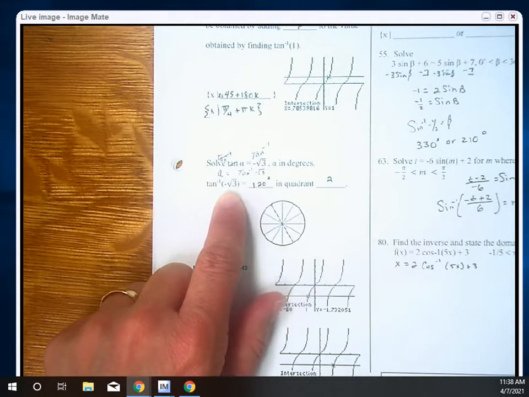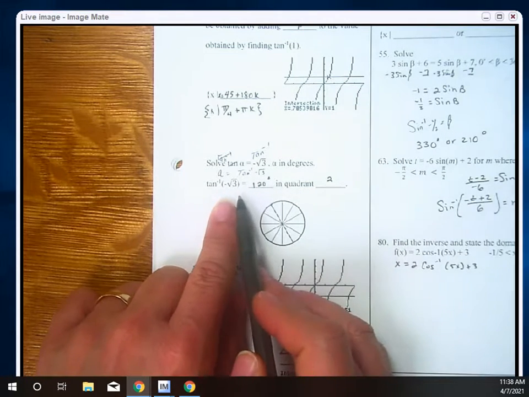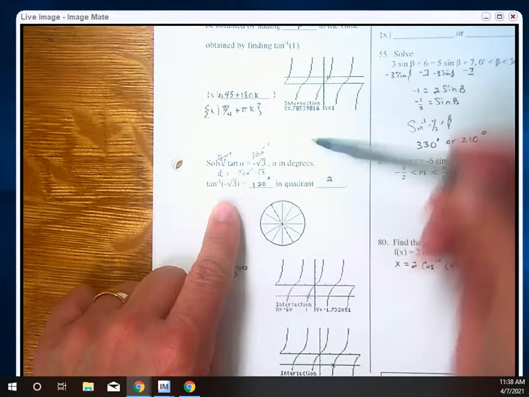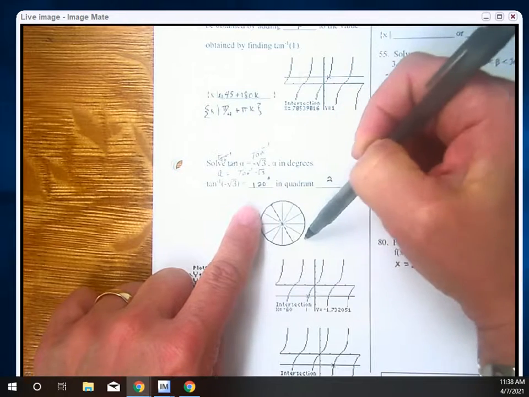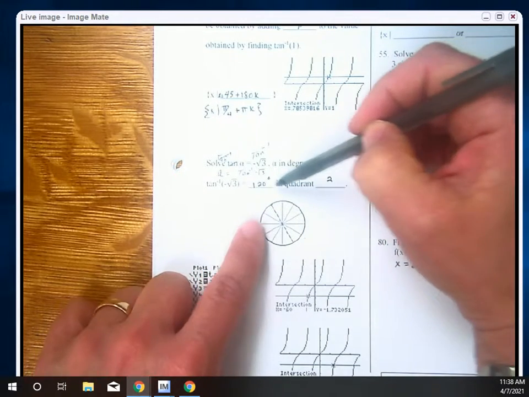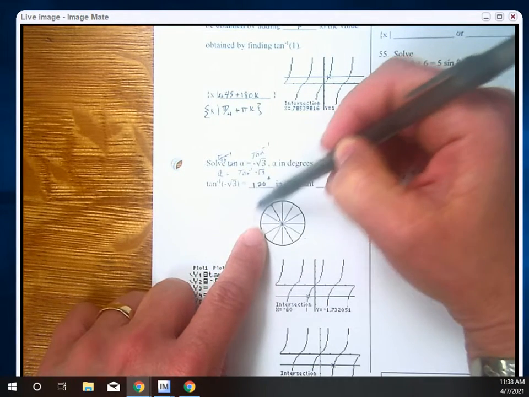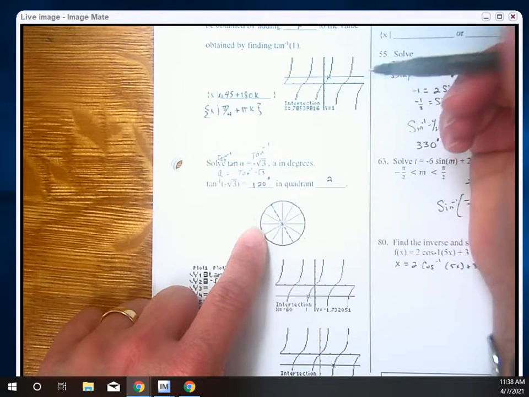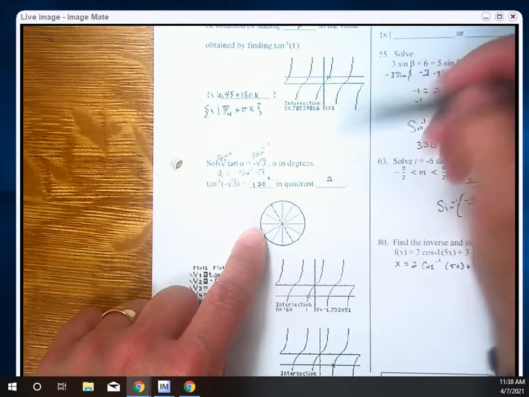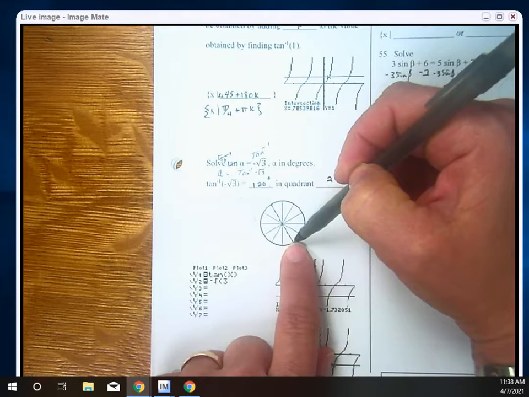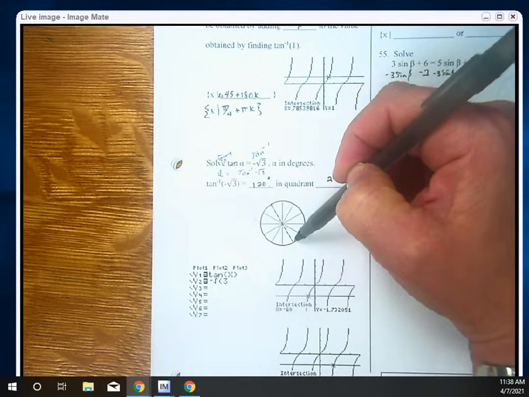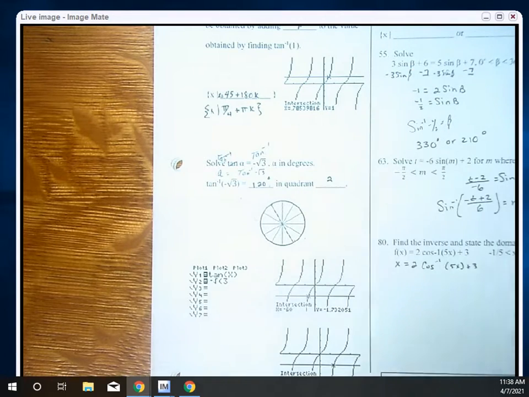Well, that would be 60 degrees, but because it's negative, tangent is negative in both the second and fourth quadrant. So 180 minus the 60 puts me at 120 degrees. And if we were in quadrant 4, it would be the 300. Yeah, 300. So tan is only negative in quadrant 2 and 4.